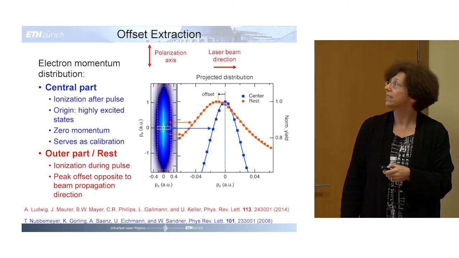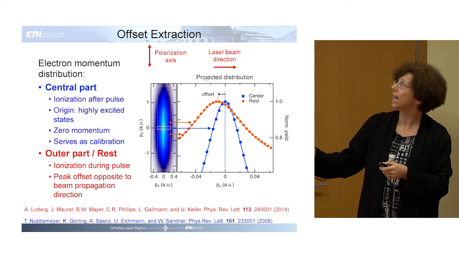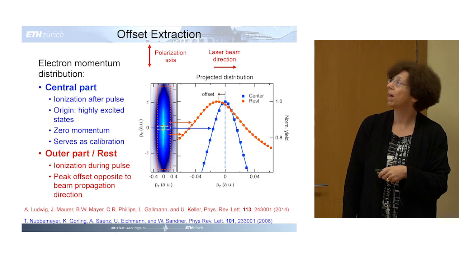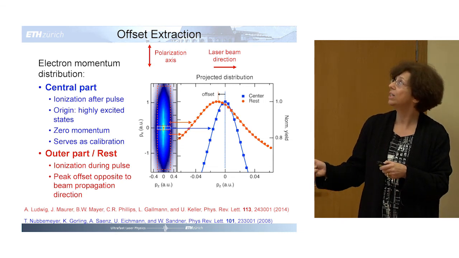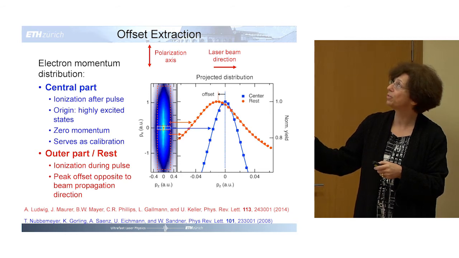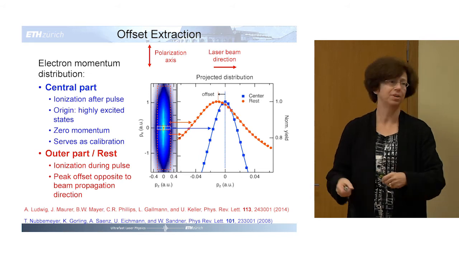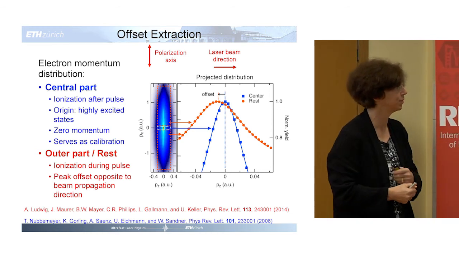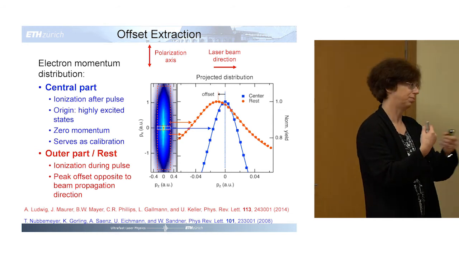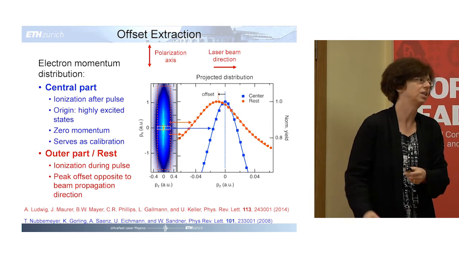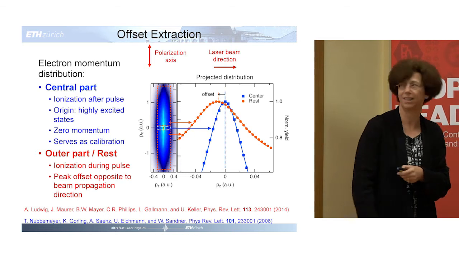The rest are the electrons ionized through the laser pulse. What we observed is an offset, under certain conditions, in the counter direction of the laser. Normally you think the laser pulse is pushing the electrons forward, but this one actually goes backwards. The electrons come out a little bit shifted against the laser.